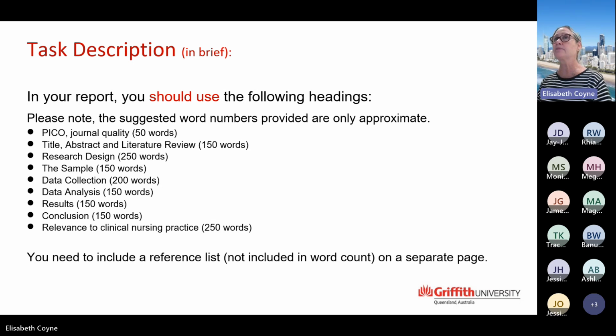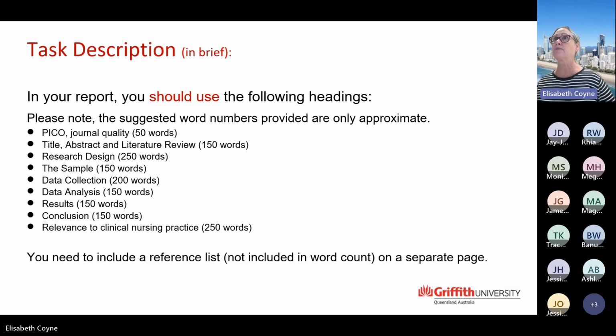You could submit it without headings, but we've allowed headings because it does allow the marker to know exactly what you're talking about. Without headings, how do we know you're talking about the abstract and title or not? Because when we're looking at the accurate identification and comprehensive explanation of all the elements, it's easier if we can read them as we go down.